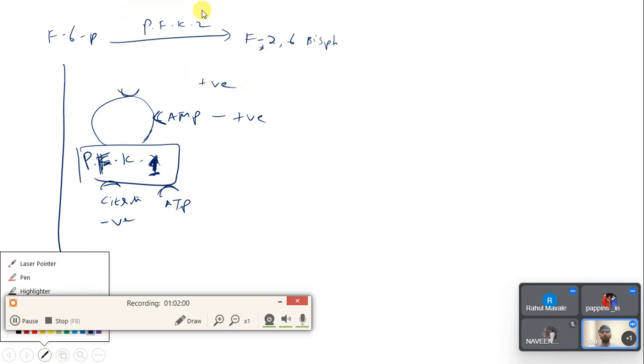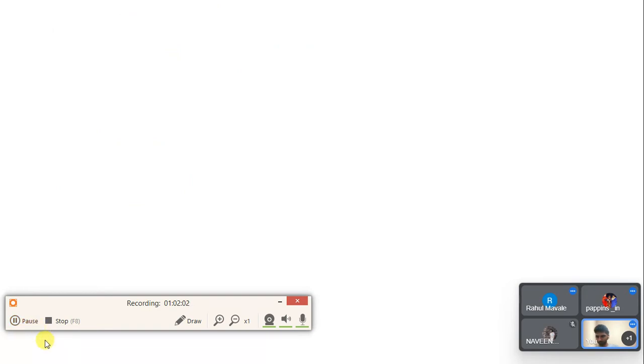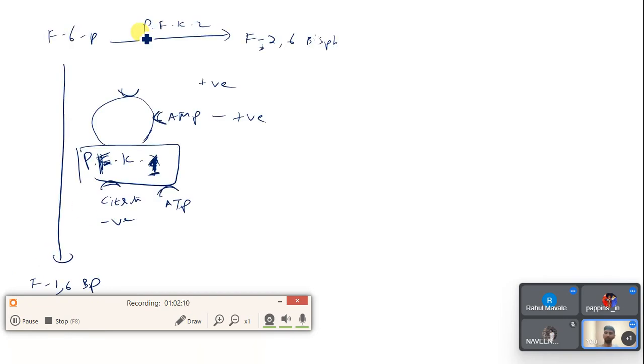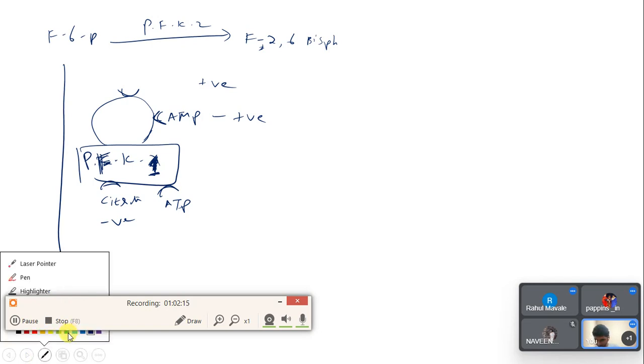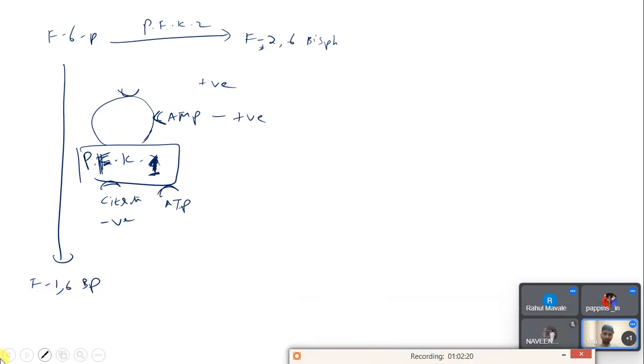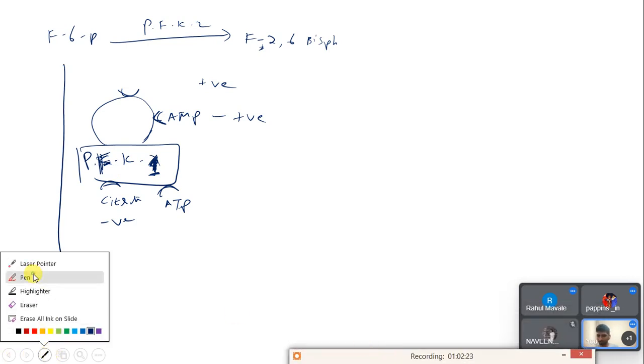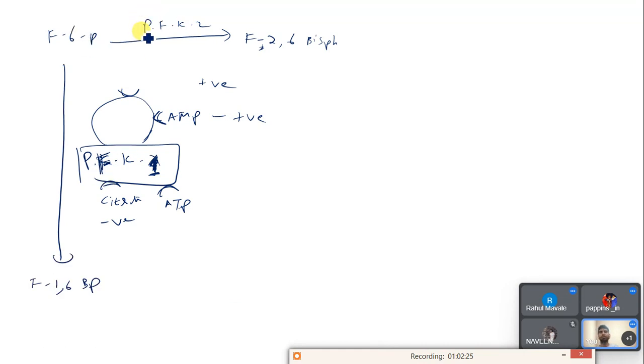So this PFK2, when there is a lot of fructose 6 phosphate in the cell, some of this fructose 6 phosphate is converted into fructose 2,6 bisphosphate, and it again tells the cell that there is a lot of glucose coming in.